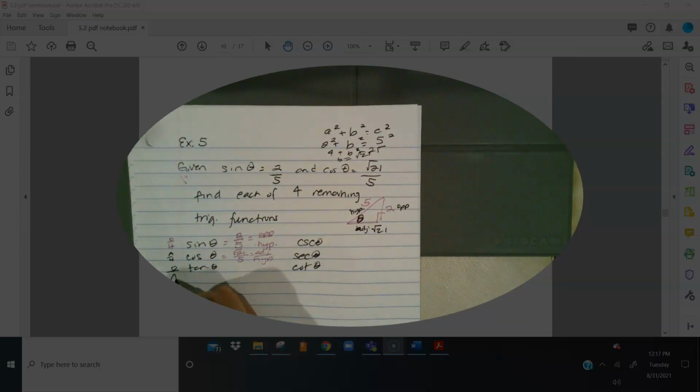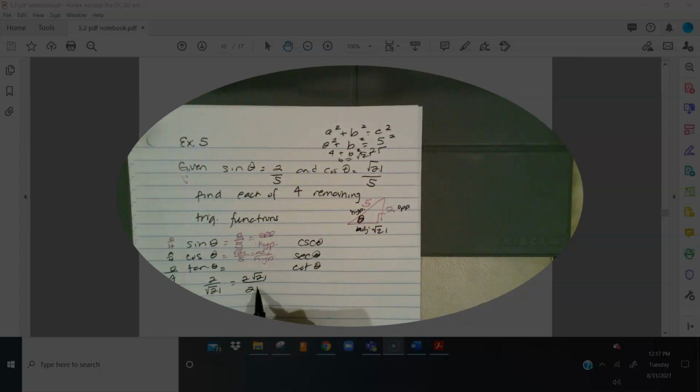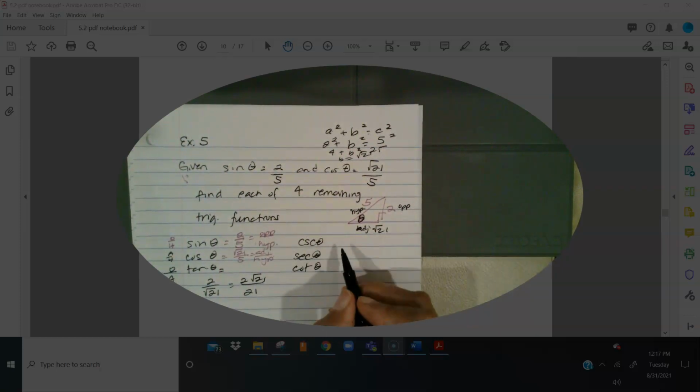Tangent is opposite over adjacent, so the opposite side is 2. The adjacent is the square root of 21. That's not rationalized. It becomes 2 square roots of 21 over 21. These are all reciprocal relationships, which means I can just invert the fraction.